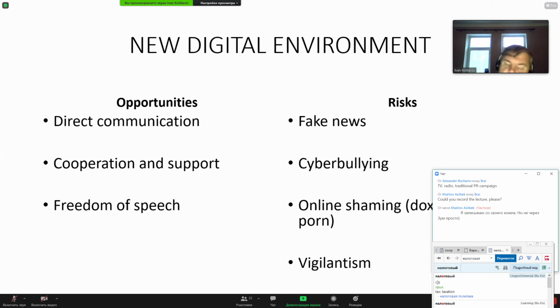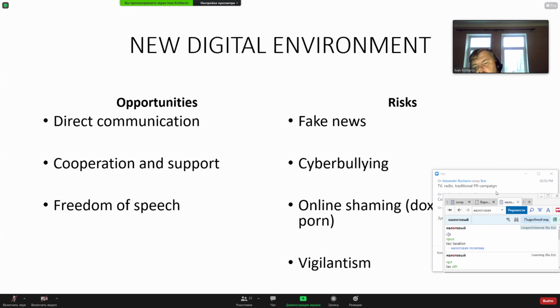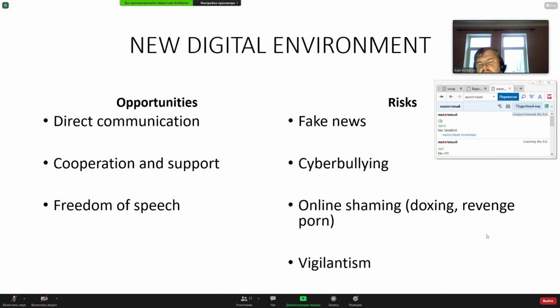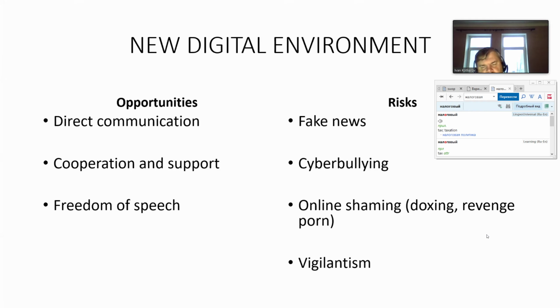Yes. Okay, so there are some more terms. I believe you have heard about them, but still, let's discuss them. Online shaming, doxing, and revenge porn. Do you understand what they are? Alexander, could you please explain a little bit?